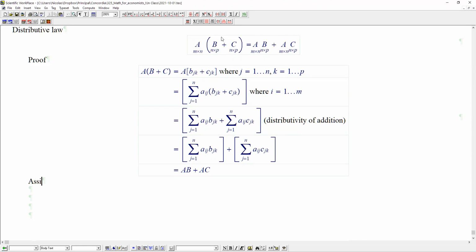One very tricky one. I had prepared a proof for you, but it's really, really complicated to understand, so I'm not going to show it to you. Associative law of matrix multiplication.